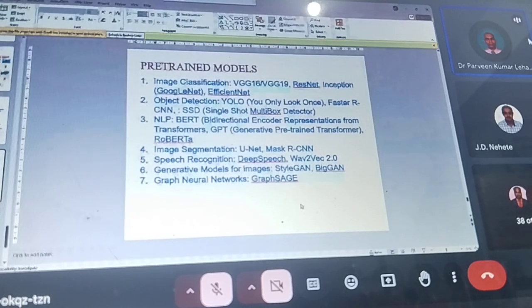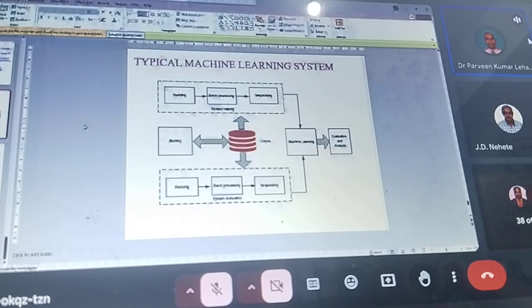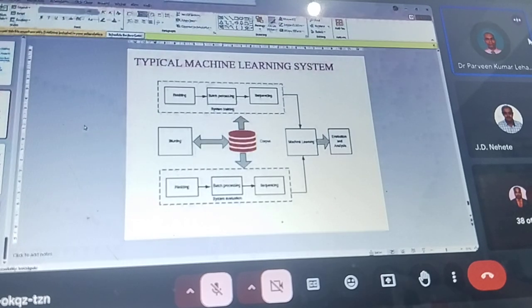You can download a pre-trained model and then fine-tune its working just by training further in your domain. So it is easy to use those models. Here is the mechanism of how we do these types of investigations.